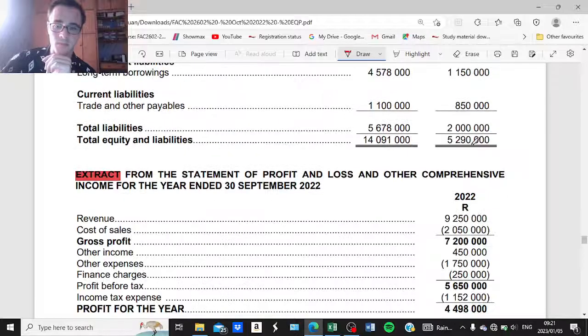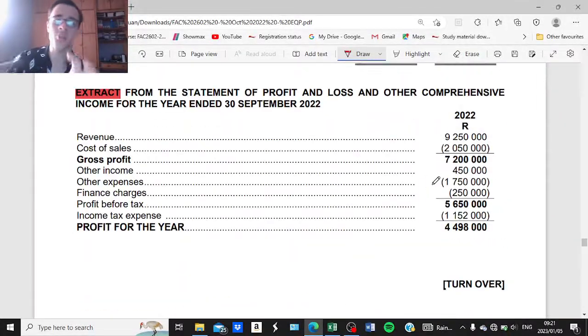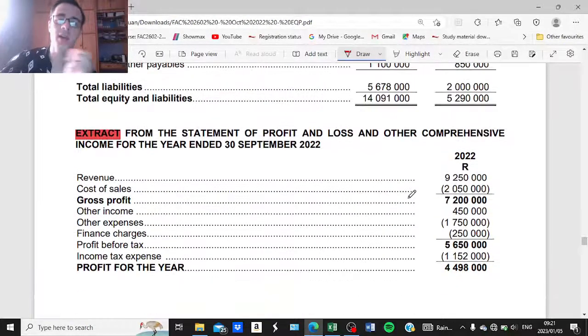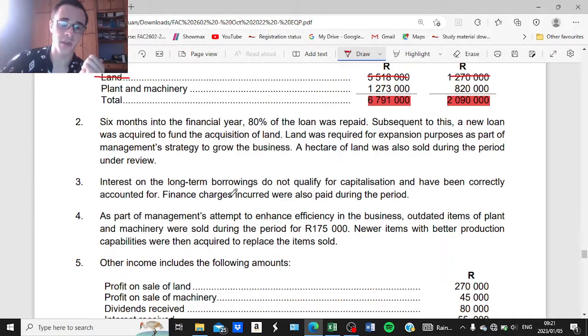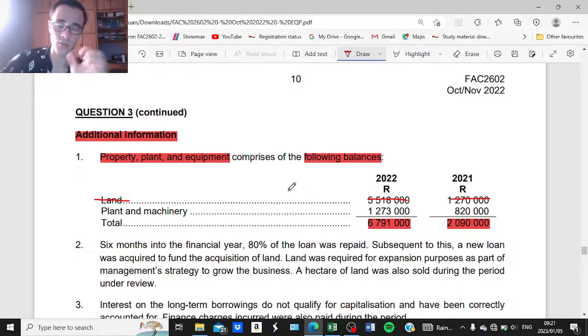As we should know, revaluation surplus forms part of other components of equity. So just to recap, when it comes to your land general ledger account, we need to determine whether there was a revaluation conducted in the current year that caused the fair value of the land to change. The first place that we look is under additional information. There is no indication that there was a revaluation surplus for the current year.